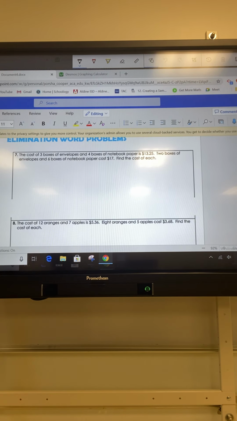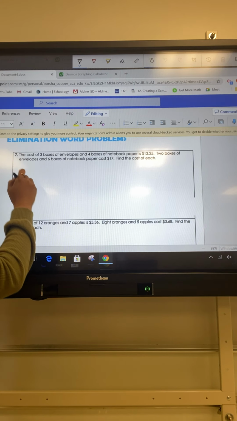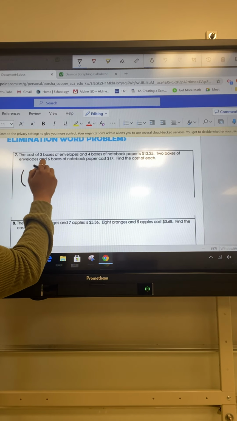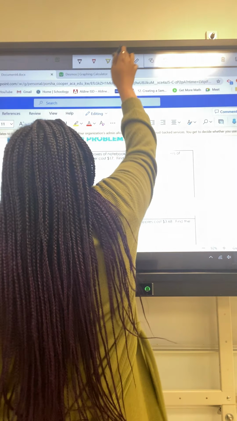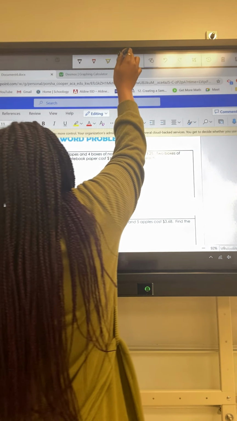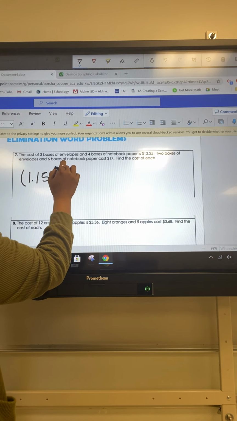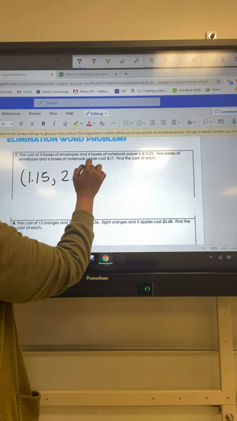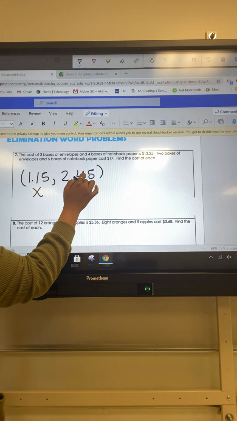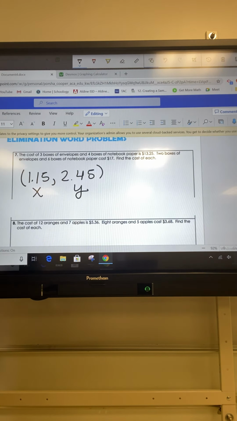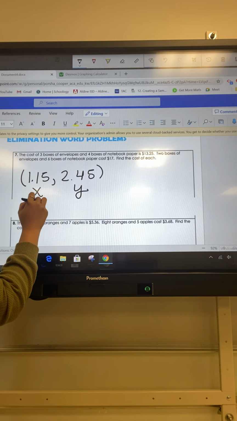Okay. So the solution was 1.15 and $2.45. So in our solution, this is the answer for x and this is the answer for y. And then if we recall how we labeled, x is going to be the envelope.